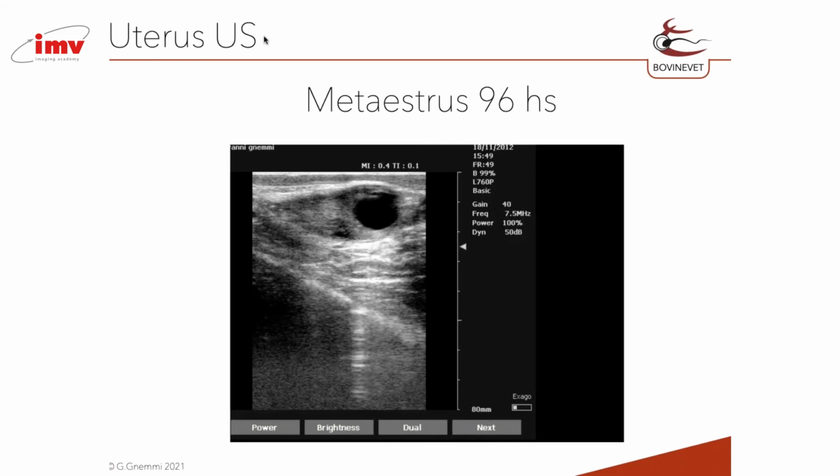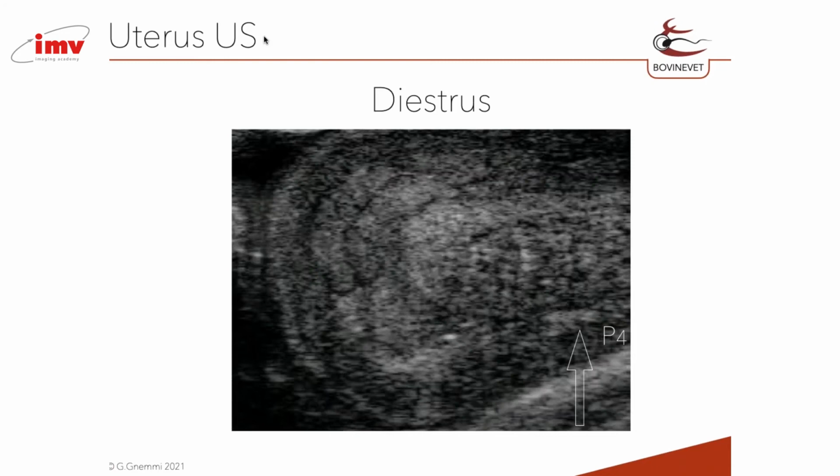of the estrous cycle. Well, during the diestrus, the level of progesterone increases a lot. So the corpus luteum size increases, and the growth rate of the corpus luteum is very, very high between day 5 and day 10. Then it is still growing, but very, very slowly.